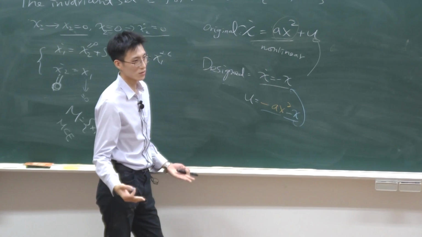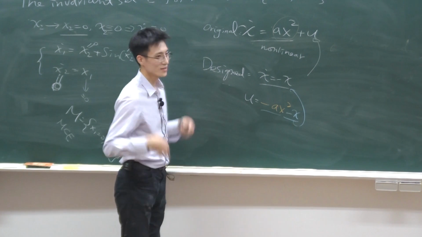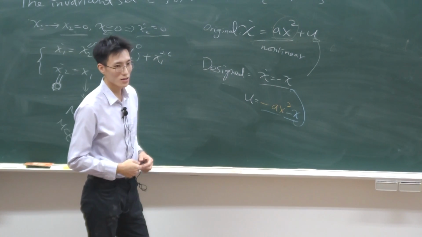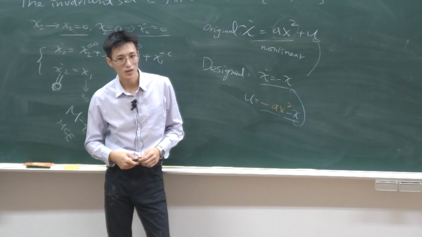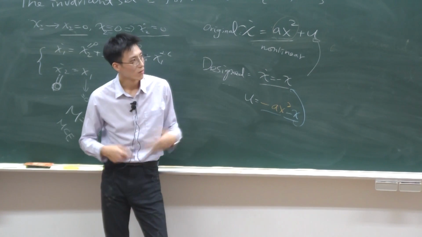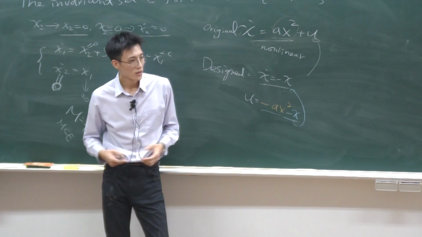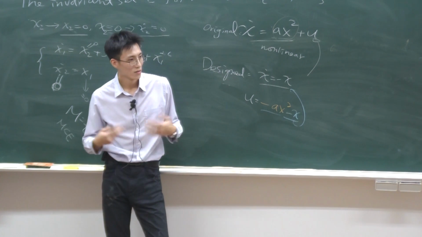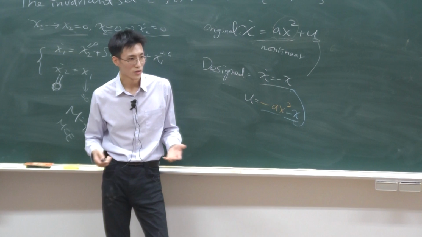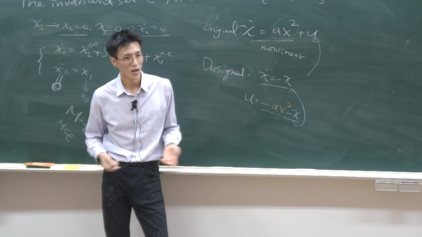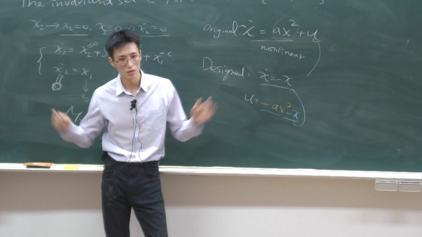So easy, right? But it's problematic because usually we don't know A. We don't know what A is, right? Back to the car example. Given any car, if you don't measure the parameter, you don't measure what the mass is, usually it's unknown. And sometimes it is time variant, it changes all the time along the way, right?